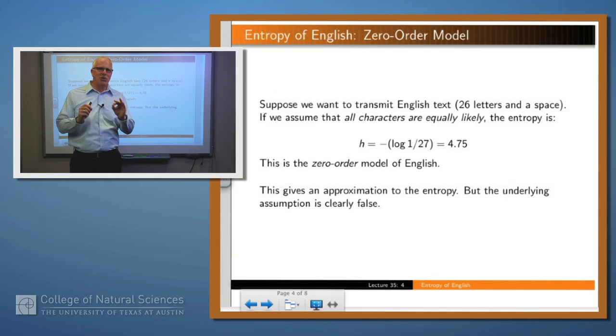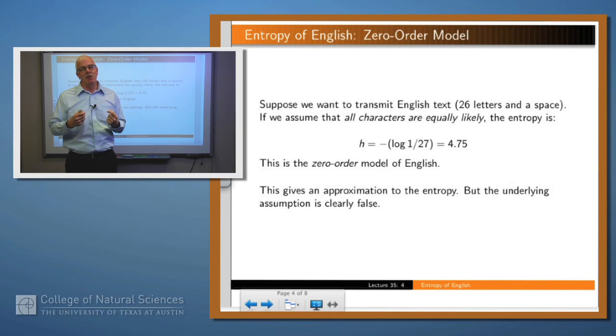So how might you go about figuring out the entropy of a natural language? Well, in English we use 26 letters and a space, and lots of other characters as well, but let's be minimalist about this. Suppose that we were going to encode English using 26 letters and a space.